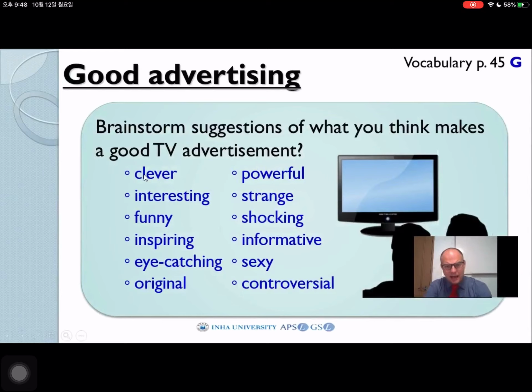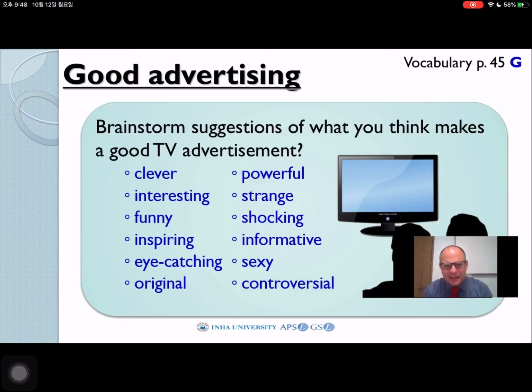Again, I'm trying to think of an example. There you go. Tropicana drinks a few years ago. They were kind of eye-catching, funny. There was like drinks doing a funny dance.